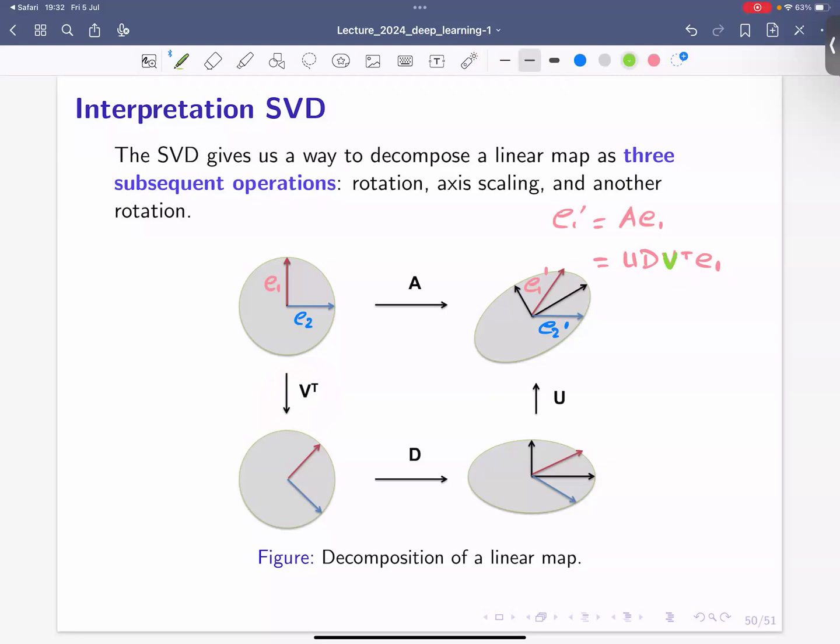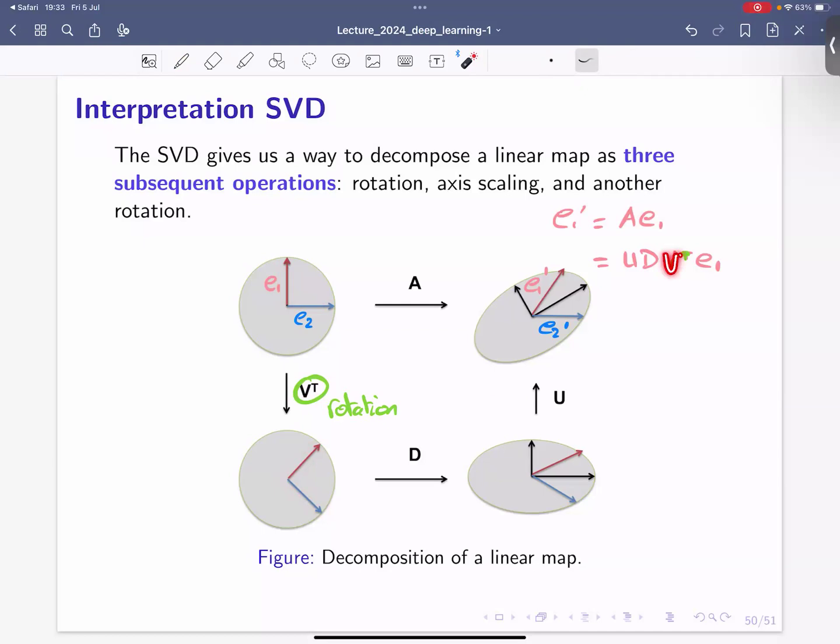Let me use some color in green. We apply this first to the vector E1. Because these matrices, as we said before, are orthogonal matrices, this corresponds to applying a rotation. So I take my two vectors and I rotate them, okay?